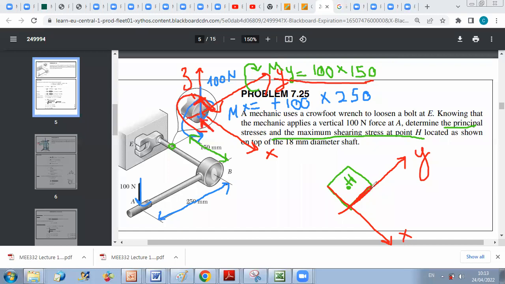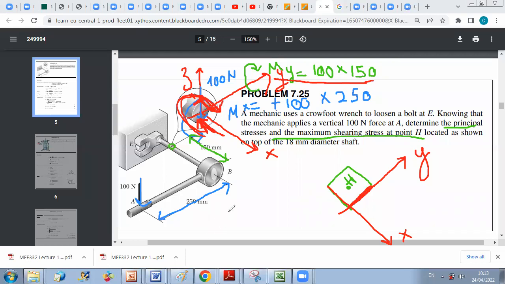So this side here will be subjected to tension because of the bending moment that is along positive y. Just by doing with your hand the effect of the moment, you can see that since it's along the positive y direction, it will tend to compress the bottom level and cause tension in the upper level.